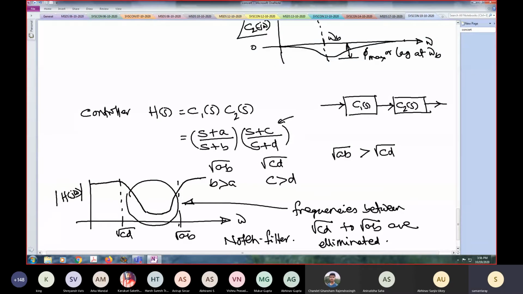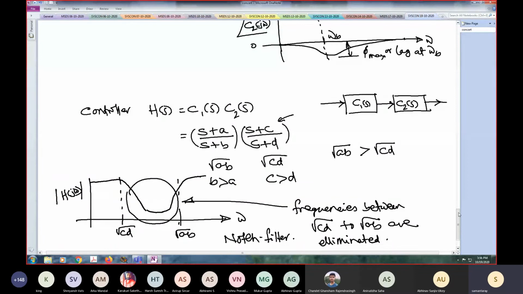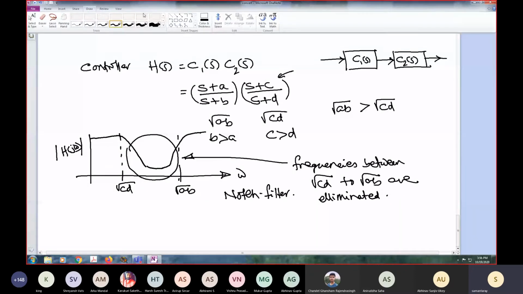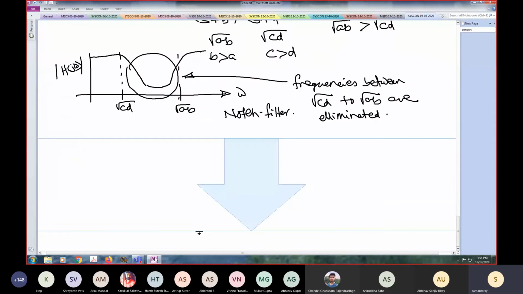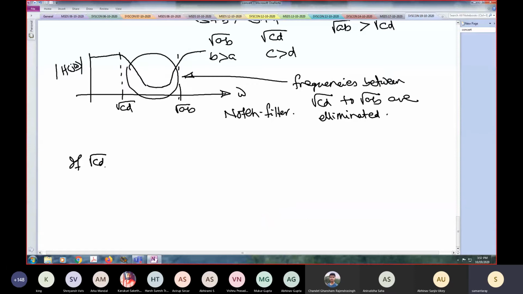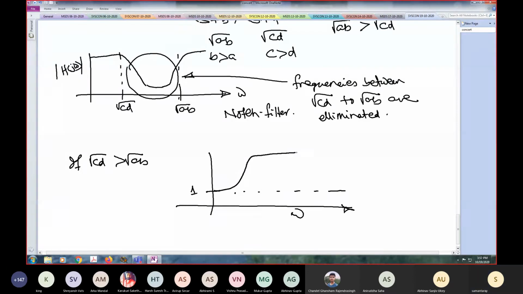Exactly in the same sense, we can combine these two things differently. Instead of square root CD being less than square root AB, if square root CD is greater than square root AB, then we will have a response like this. This is 1, again this omega. So what's happening?